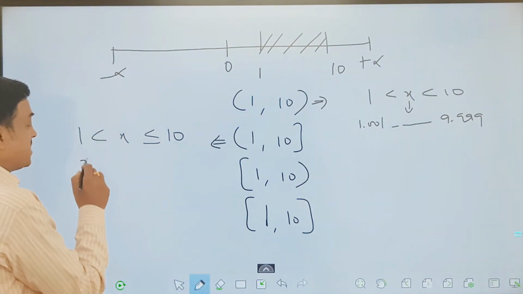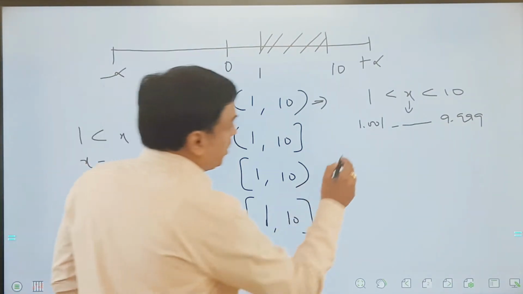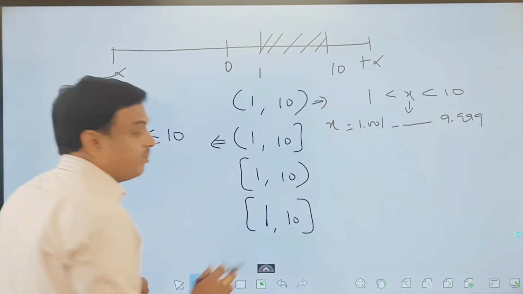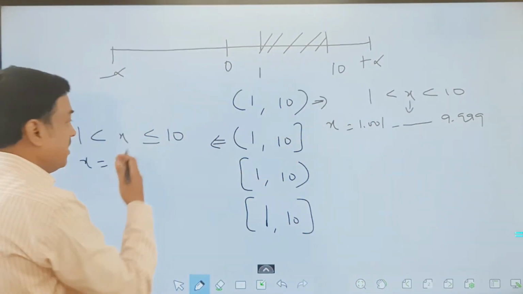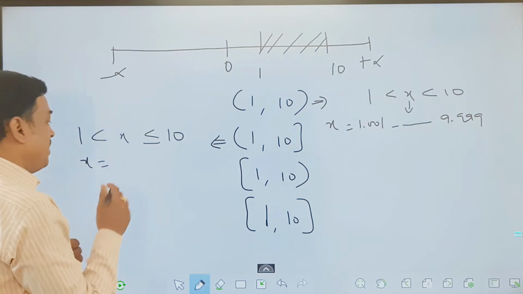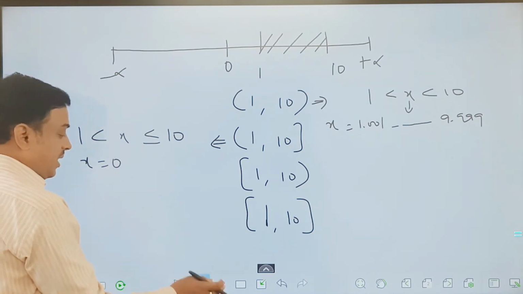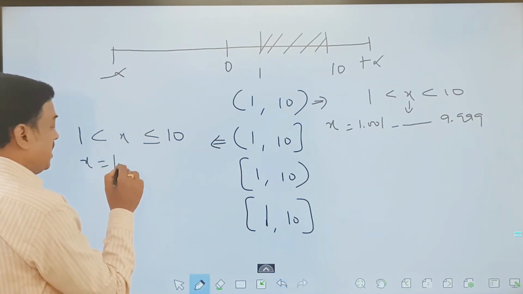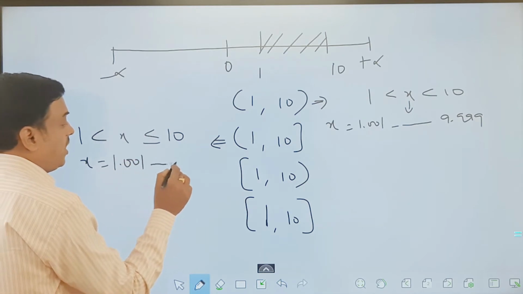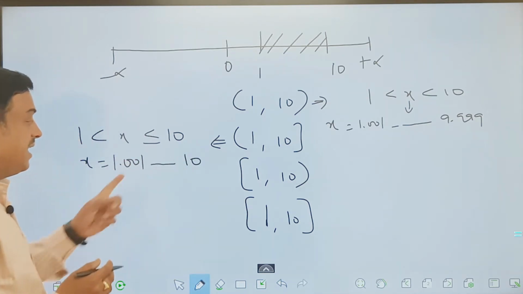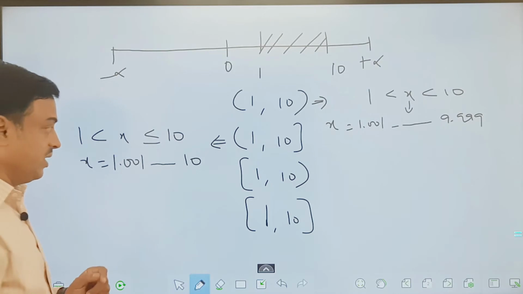So what all values can x take here? X can take the values from 1.001 and so on up to 10. Now please understand 10 is also a valid value in this case.